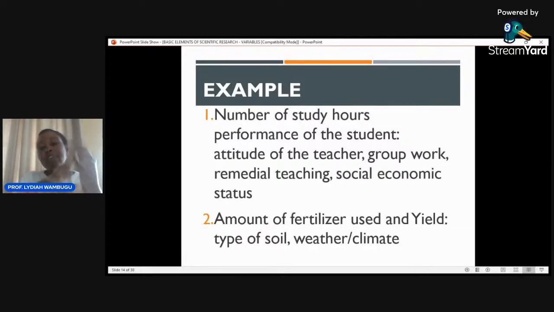So remember, if you cannot control it, then it is intervening. If you control, it is extraneous, and extraneous must be controlled. Intervening, you are not able to control, because sometimes you cannot see them, sometimes you cannot manipulate. Like now, even attitude of the teacher.